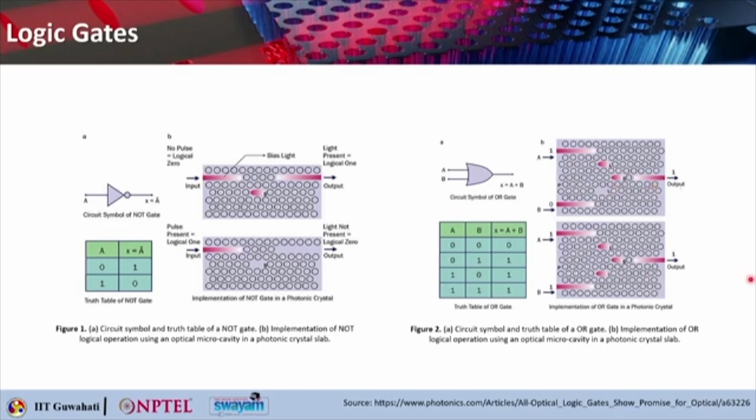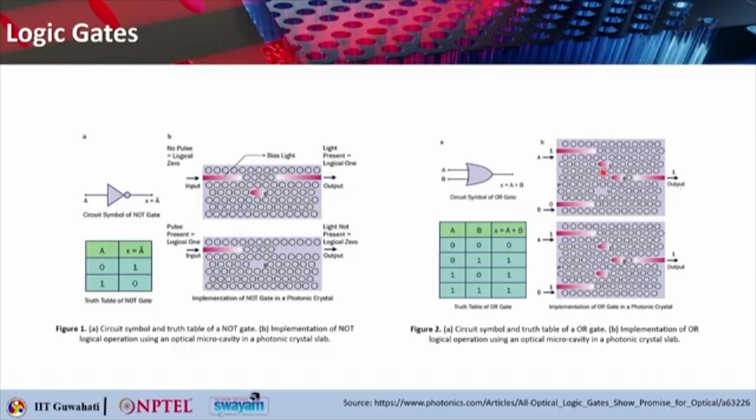What happens is the biased light from the input waveguide cannot traverse the cavity, since its wavelength does not match with the resonant wavelength of the cavity. This is because the L cavities coupled to the input waveguides have resonance wavelength lower than that of the biased light.